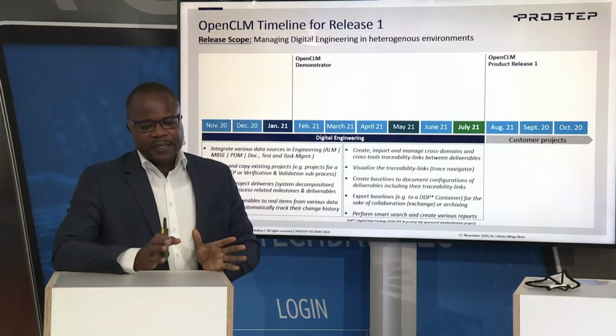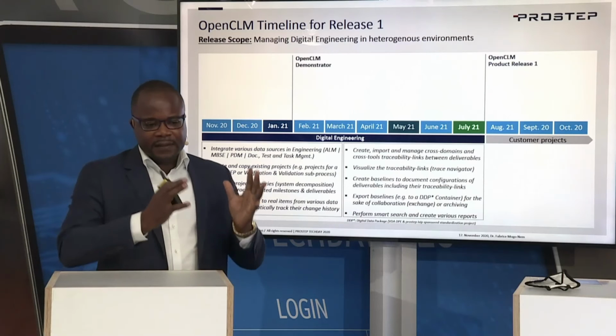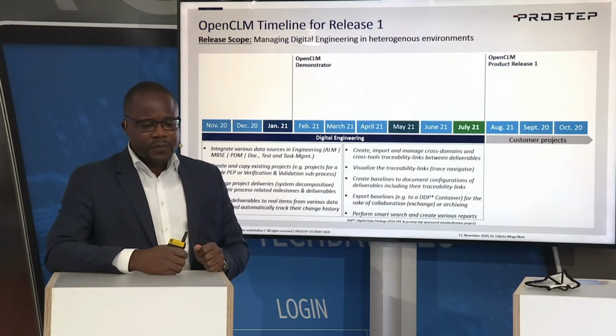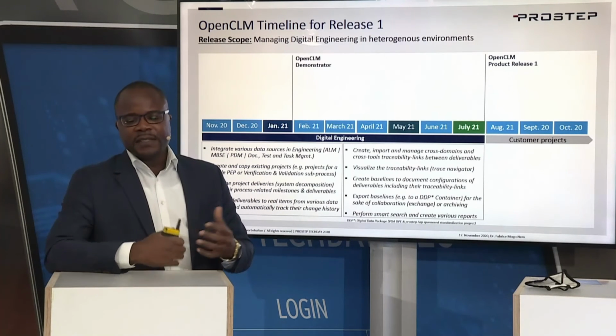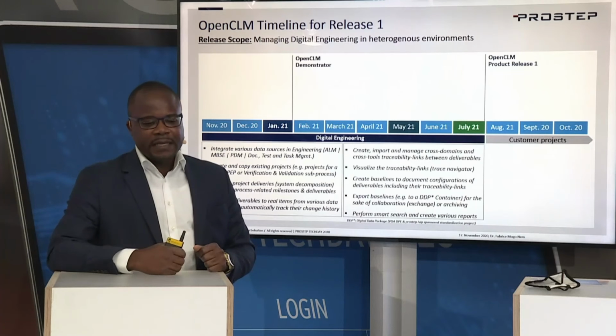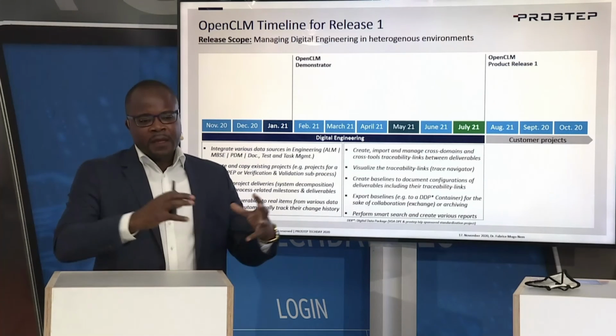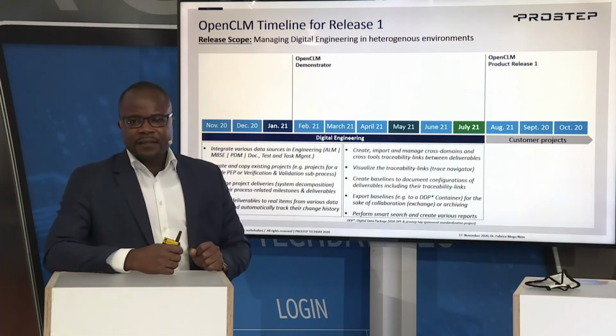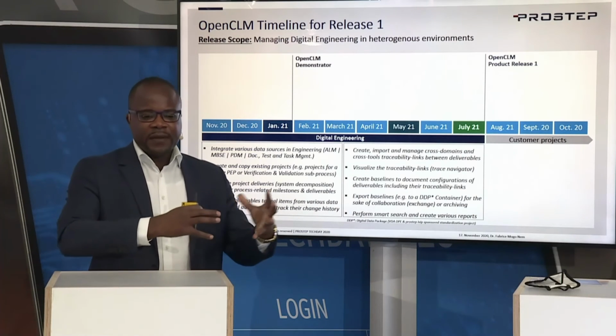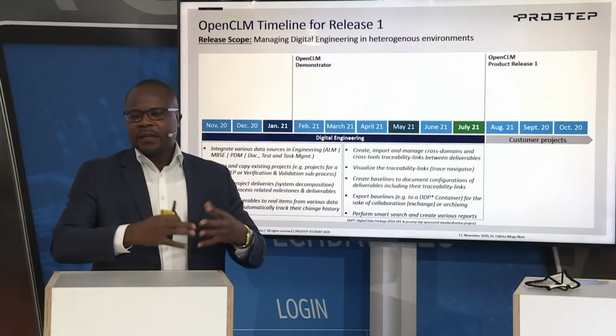When will you get OpenCLM? OpenCLM is modular. That means there are already quite a lot of modules which have been developed today, and with different customers, we're active in various POC projects, and based on these projects and modules, we're carrying out initial tests to see how certain domain tools can be integrated.